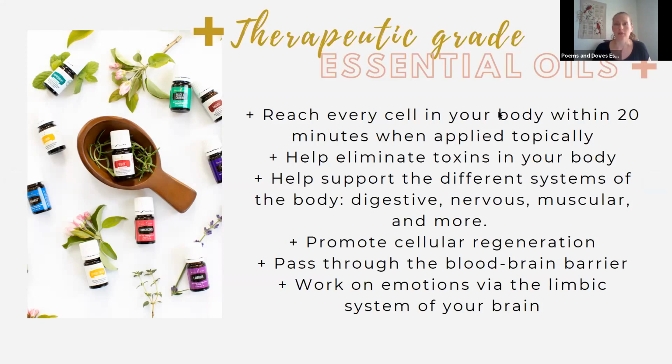They help support the different systems of the body, so the digestive system, the nervous system, the muscular system. They can really get in there and work on all different levels with your body. They can promote cellular regeneration, and again, pass through the blood-brain barrier, which is how they can affect emotions.